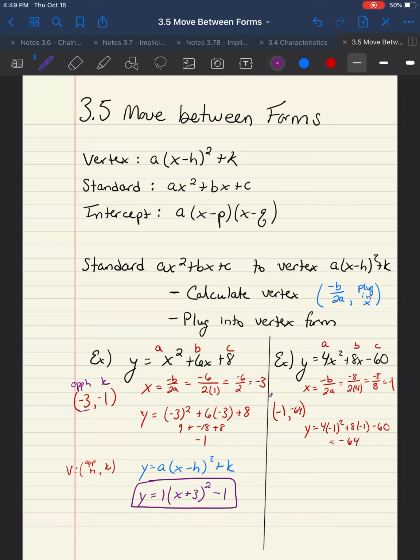And I end up getting -64. I know I'm going to vertex form, so if I think about how do I find the vertex from vertex form, that is my opposite of h, comma k.